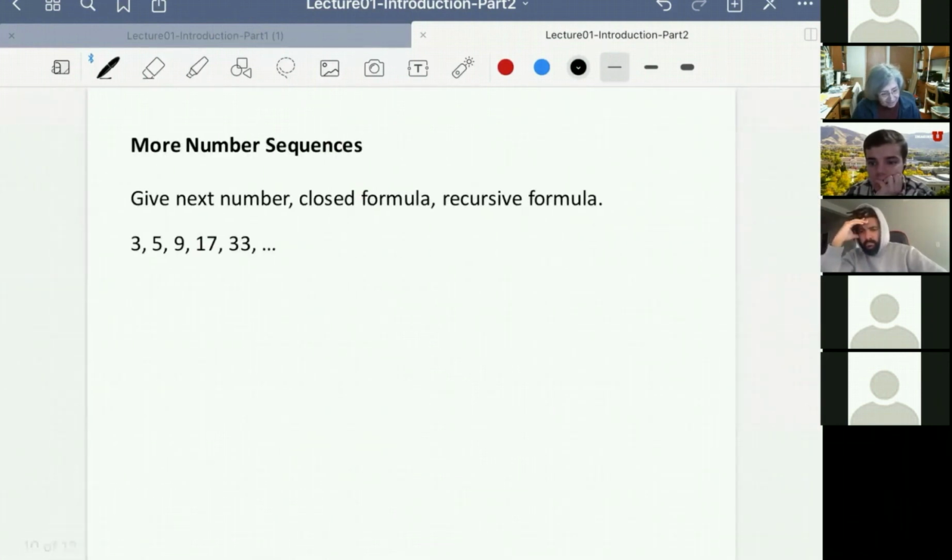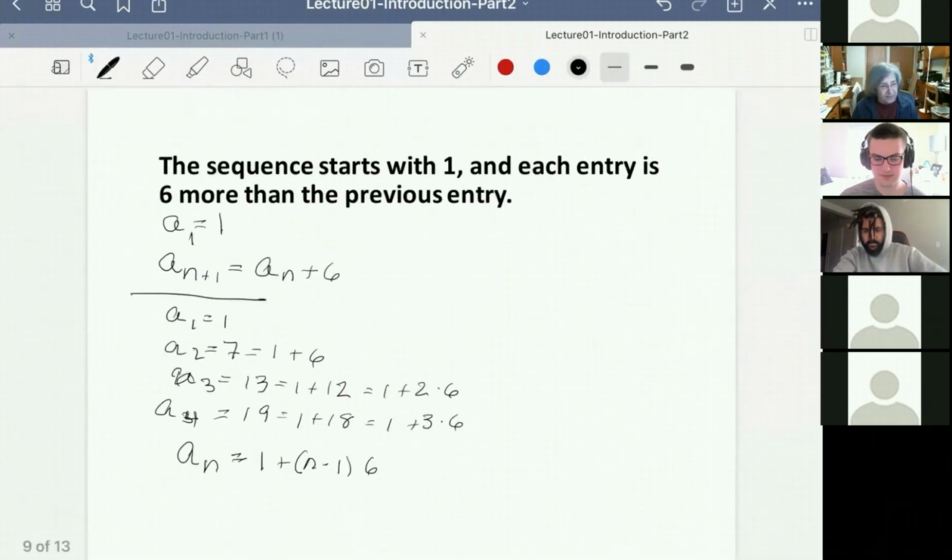Oh, and then it looks like Fred has a question. I want to ask about the last question's closed formula. I guess it can simplify this. You can simplify it if you want.